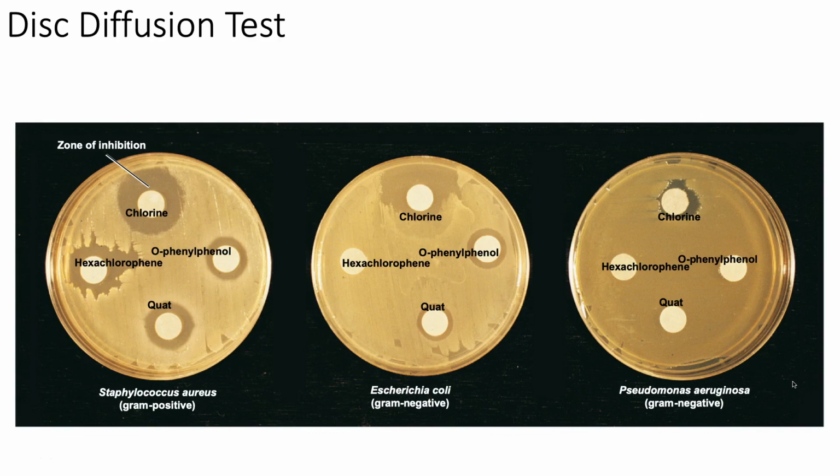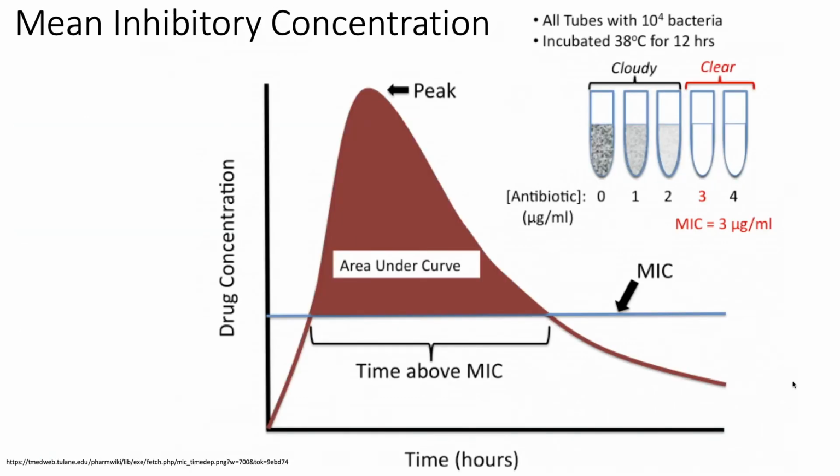The very last slide I have is talking about minimum inhibitory concentration, which we're going to talk more about with antibiotics, but basically what concentration of disinfectant do I need to use to make sure that I'm actually inhibiting as much bacteria as I need to. And so you can see here, we would have a few different tubes of bacteria, and you'd replace the antibiotic with whatever chemical, like quat or whatever. So you say, okay, I don't have any quat in there, and all the bacteria are growing. Okay, awesome.